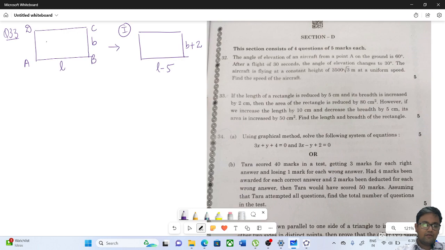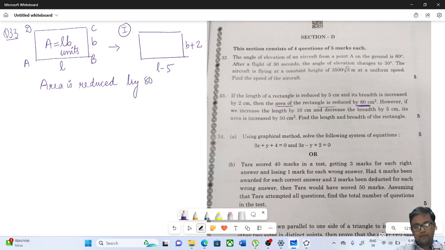So, earlier the area was L into B units. Now, what is going to happen with the area? Let us see. Then the area of the rectangle is reduced by 80 centimeter square. So, area is reduced by 80 centimeter square, that is new area A dash is previous area minus 80, right.